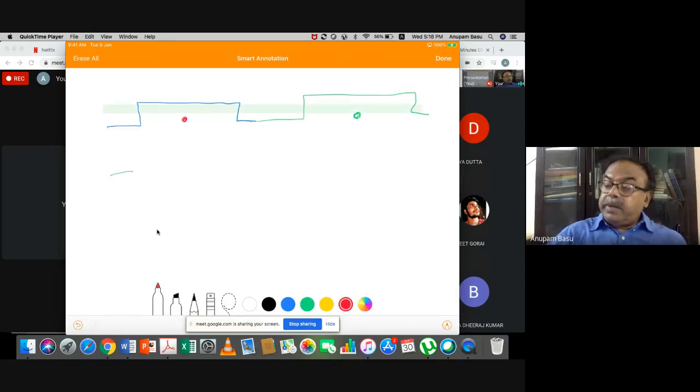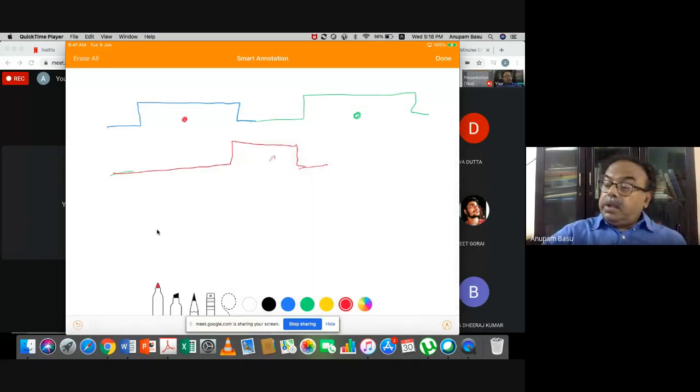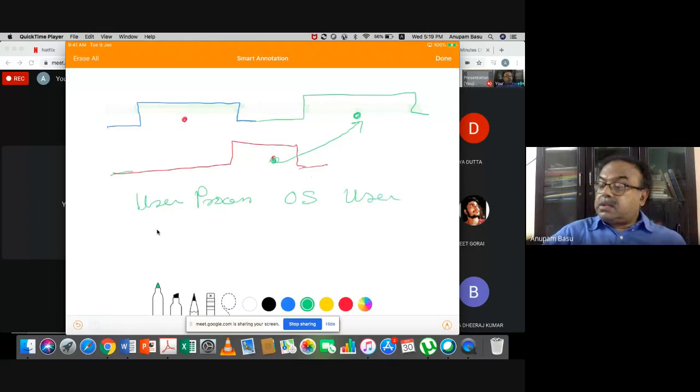The OS, let me make it red. The OS has worked here, and the OS decided that the next one is green. Therefore, that green would go there. So everywhere there is some user process, then OS, then again user process.